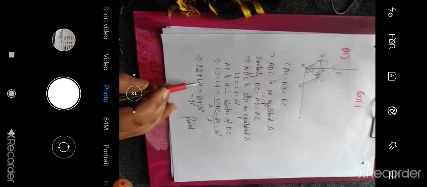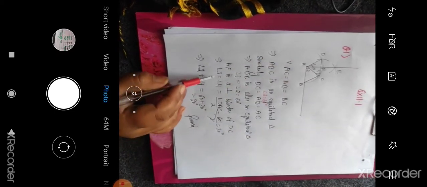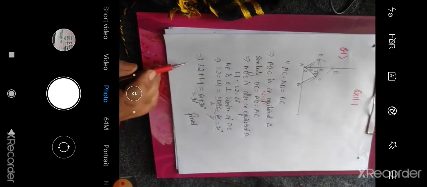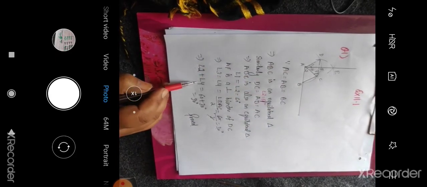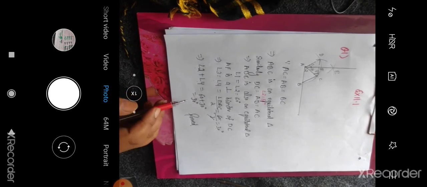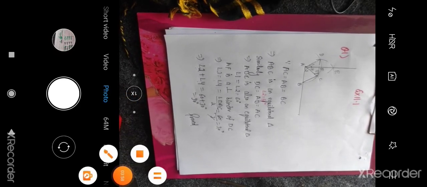So it will be the angle bisector also of angle DAC. So angle 3 equals angle 4 equals DAC upon 2, that means 60 degrees upon 2, it's 30 degrees. But we required angle 4 plus angle 2. So angle 2 plus angle 4 is equal to 60 degrees plus 30 degrees is equal to 90 degrees. Hence proved.